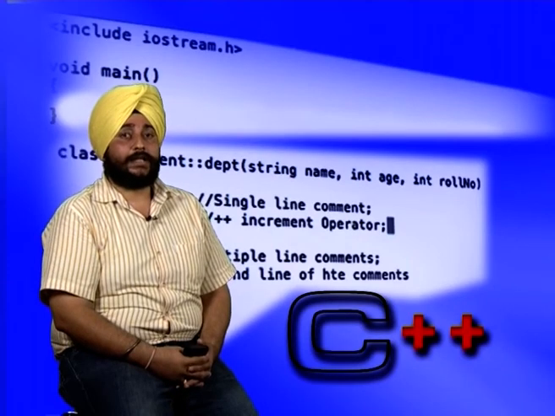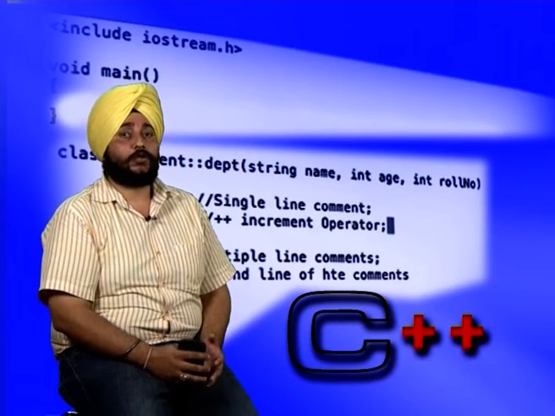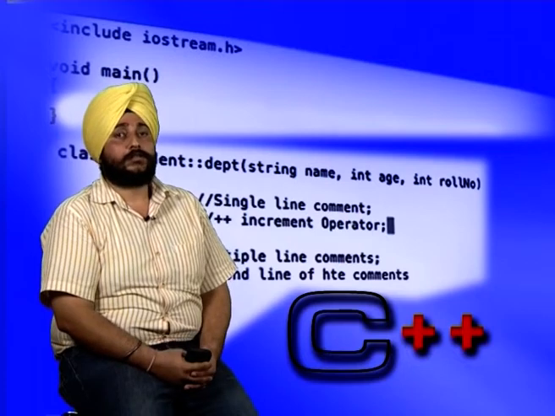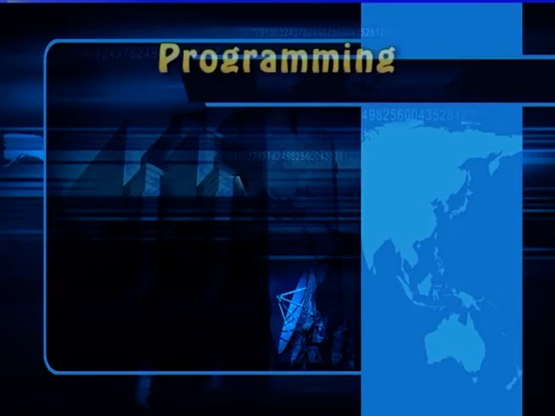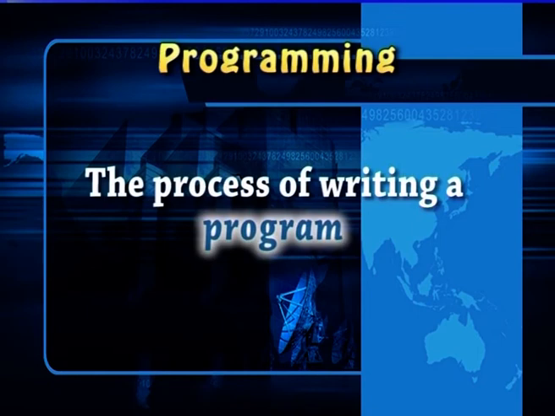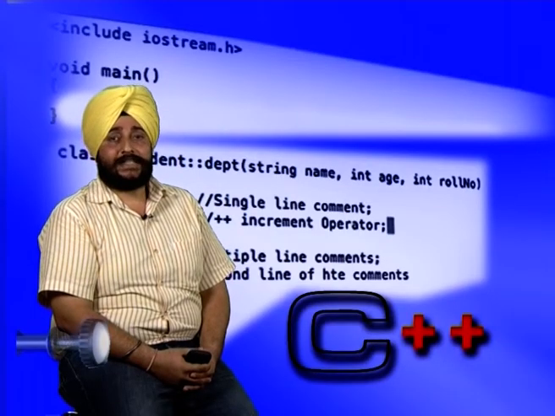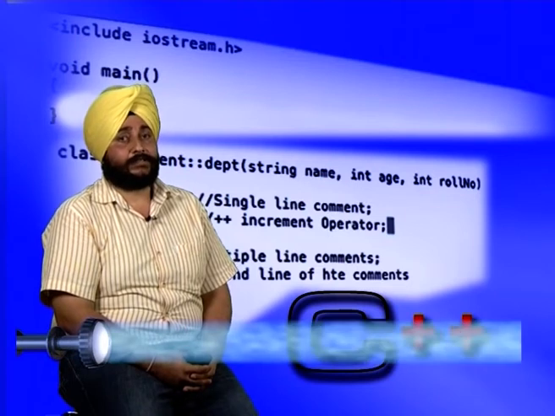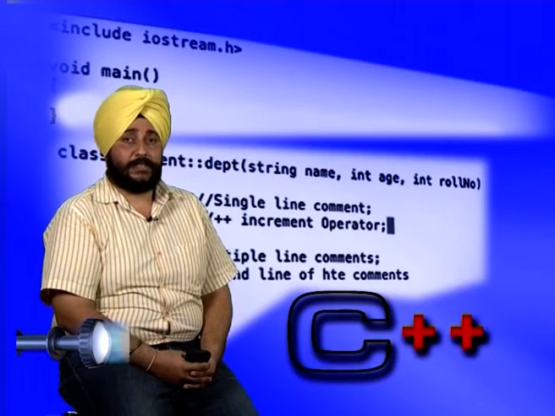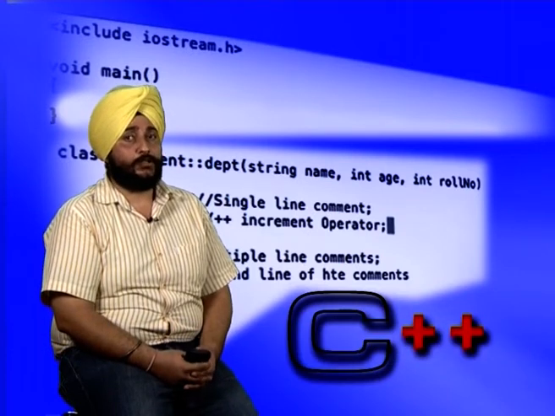The computer can understand only its own language called computer language. The process of writing a program is called programming. Mind it, it is a critical step in data processing. If the system is not correctly programmed, it delivers results that cannot be used.